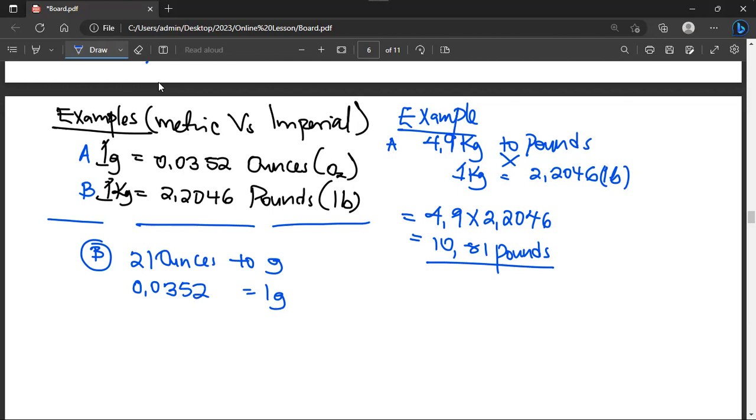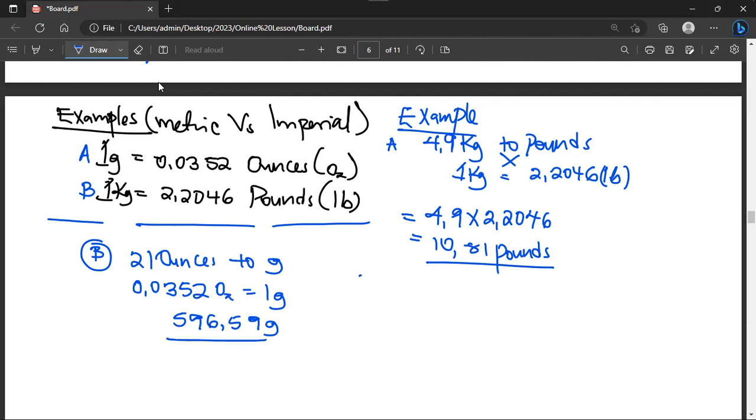In this scenario, you already see that these are ounces on one side. The grams are on the other side. So we ask ourselves, if one produces this much ounce, what about the 21 ounces? How many grams will they produce? So here, as it is, you're going to divide. Look at that. 21 divided by 0.0352. The answer here becomes 596, these are grams.